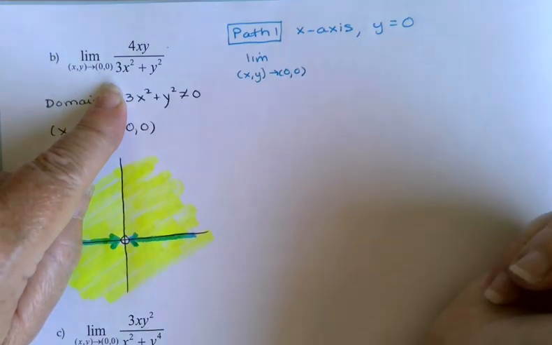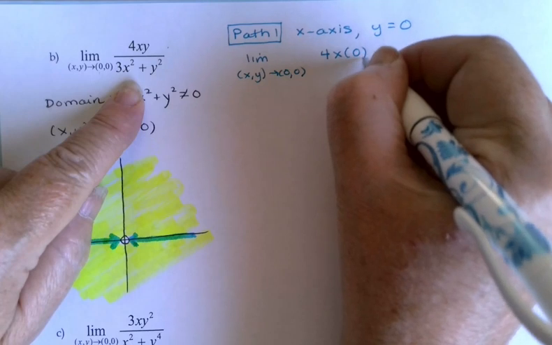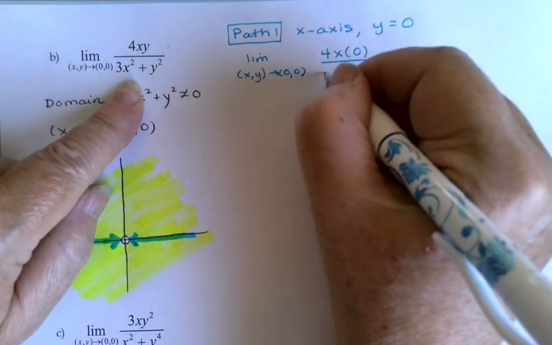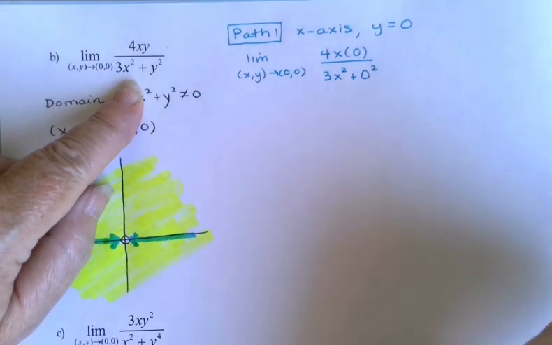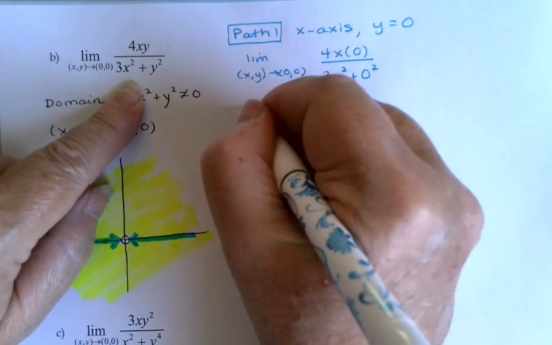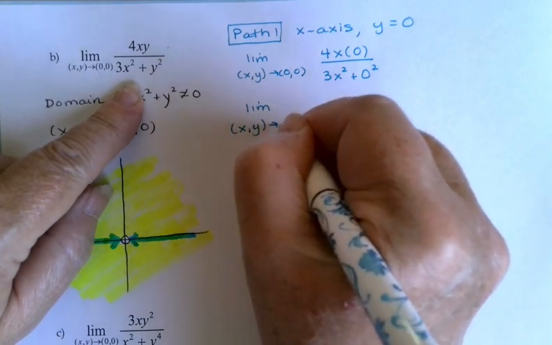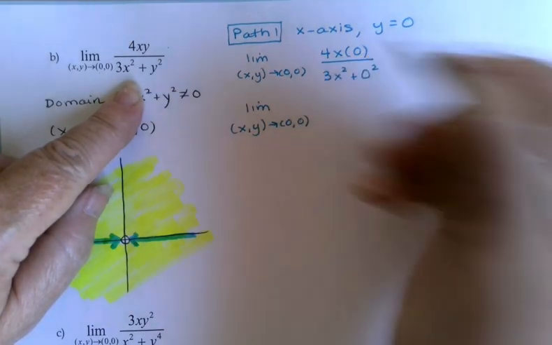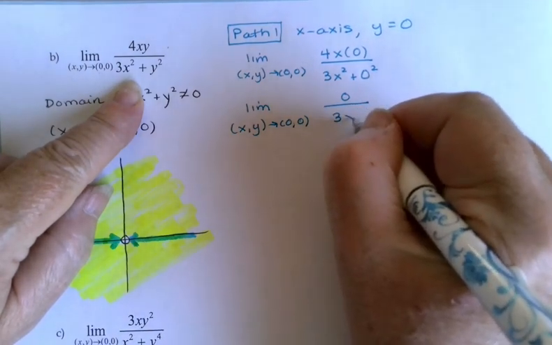But plugging in y equals 0, on top I would get 4x times 0. On the bottom, 3x squared plus 0 squared.